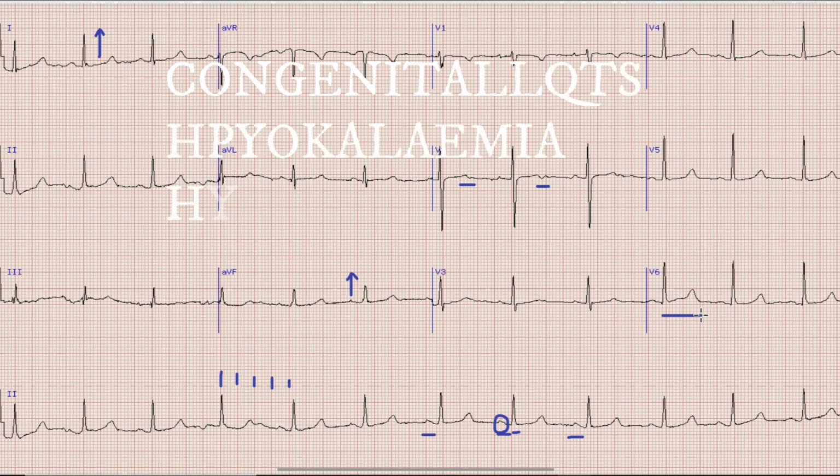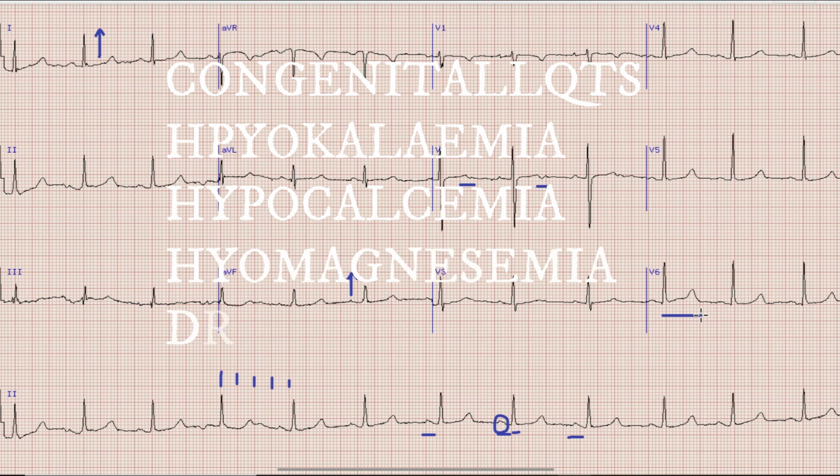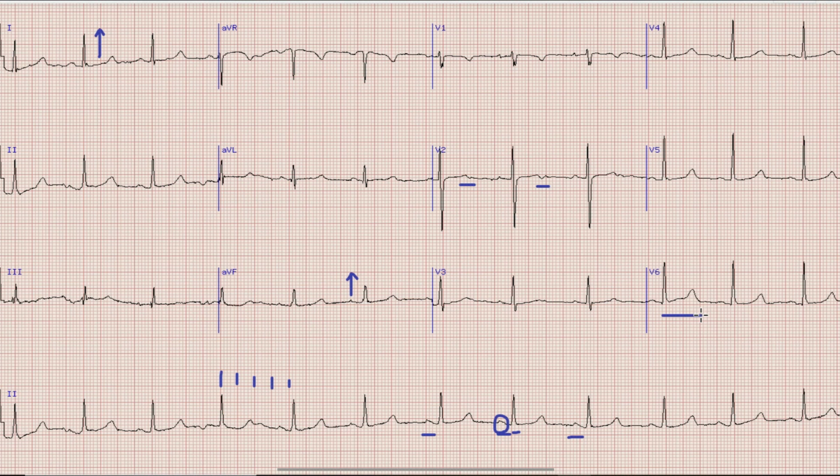QT interval can be prolonged in the presence of electrolyte abnormalities, which include hypokalemia, hypocalcemia, hypomagnesemia. Similarly, there are multiple drugs which can cause prolongation of QT interval, for example, antihistamines and macrolide antibiotics. Similarly, beta blockers like sotalol can cause prolongation of QT interval.